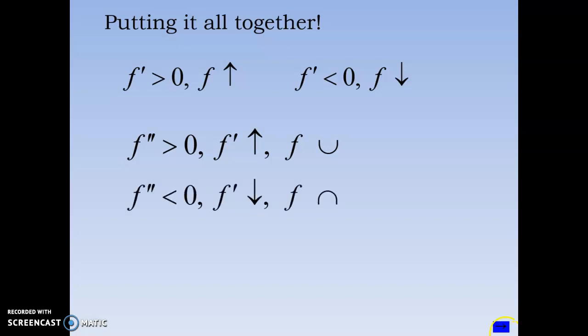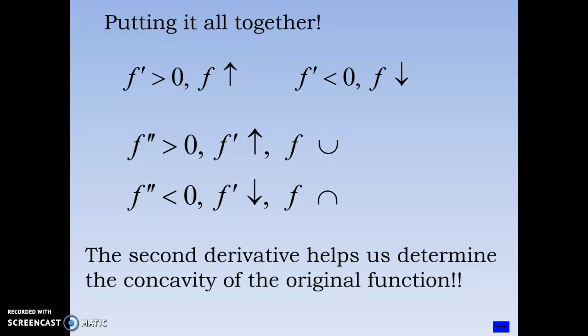When the second derivative is negative, the derivative curve will fall and the original curve will be concave down. This little shortcut will help us a lot with our interpretation between the three curves: the original curve, the derivative curve, and the second derivative curve. So the second derivative will help us determine the concavity of the original function.